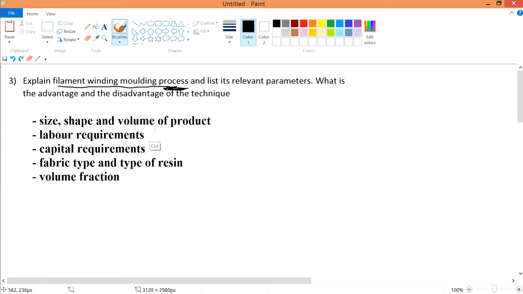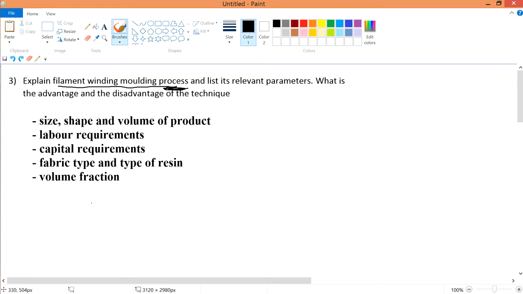If you think about it, it is actually the same thing all along we've been talking about. Size, shape, volume, label requirement, these are all quite straightforward. So whenever you talk about any composites, these are all your selection criteria, all your relevant parameters you want to take note of when you design certain stuff.